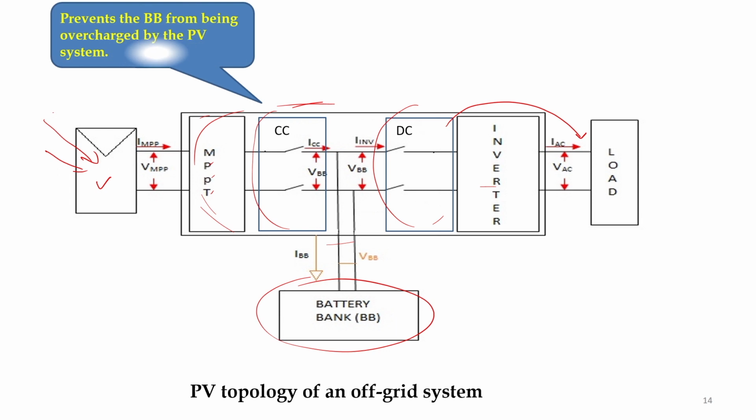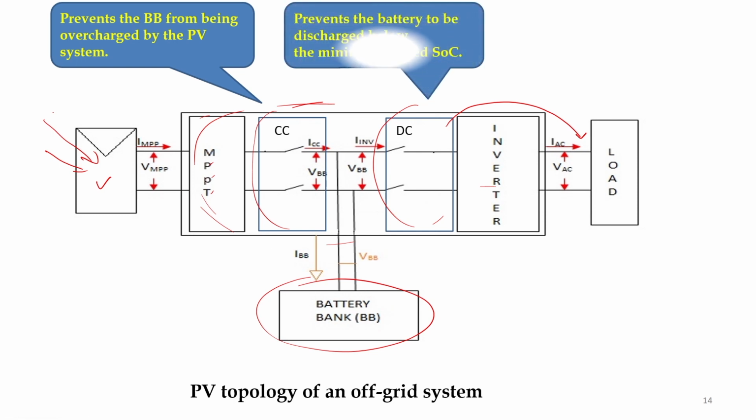So, now the purpose of this charge controller is to prevent the battery bank from being overcharged by the PV system. And what is the purpose of discharge controller? It prevents the battery from discharging below the minimum allowed state of charge.